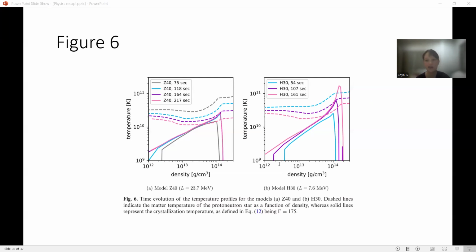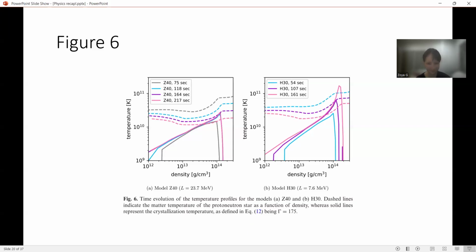As you can see, despite being measured at different times, these two graphs have roughly the same shape, with the only difference being these solid lines, which correspond to the crystallization temperature as defined in equation 12.